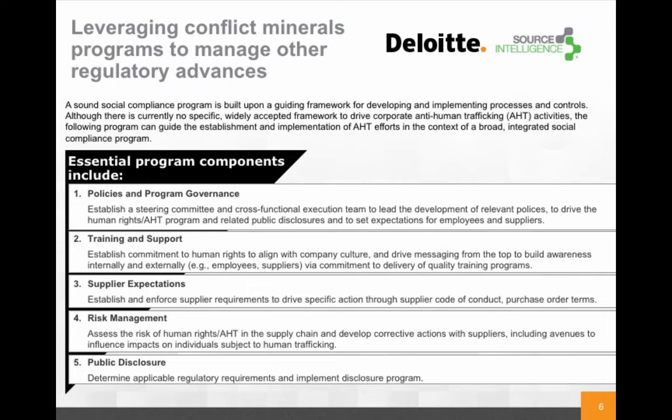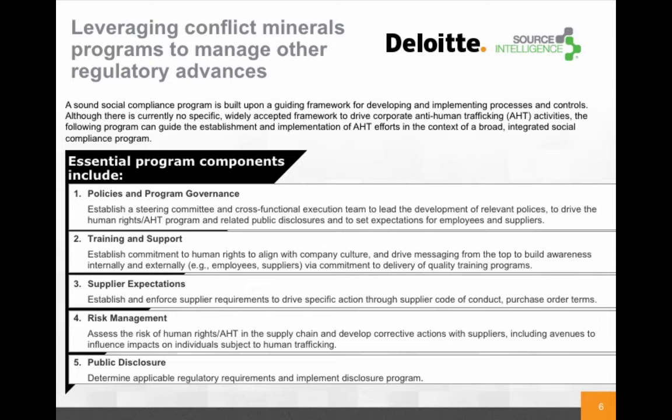Through a well-documented and consistently executed program, an organization can be positioned very strongly to respond, in a more proactive manner, to risks that continue to evolve in this broader space. So let me jump into the essential program components, informed by the perspective that we have from working with companies in a number of these broader social compliance efforts.